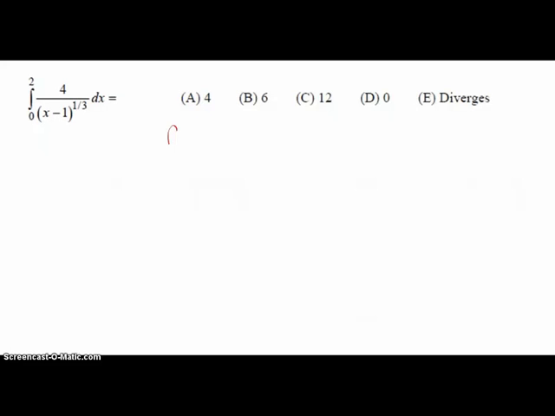Here we are integrating from 0 to 2, but we have a function that is undefined for a value of 1. So we're going to have to split this integral up because we're going to have to approach that vertical asymptote that's running right down the middle of our interval.